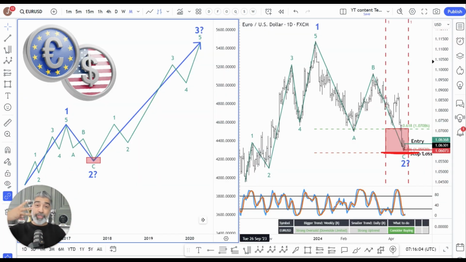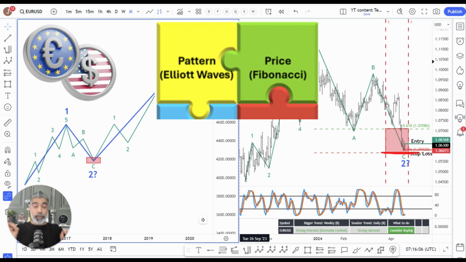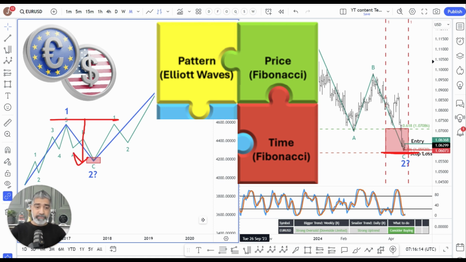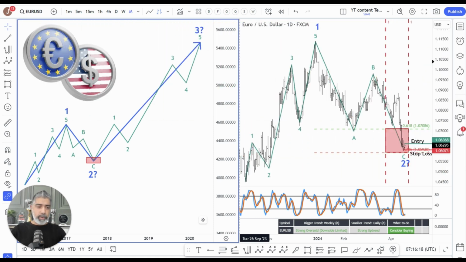So now let's move to the third technical factor. We're talking about time. So as we saw with price, when price comes to retrace a certain amount in terms of there's a sell-off. With time, there's a certain amount of time a correction takes. So what we can do is we can measure how long did this 5-wave move take in terms of number of days, and then we can project in advance what's called time retracement zones for a typical correction.